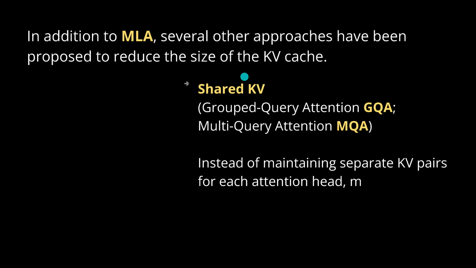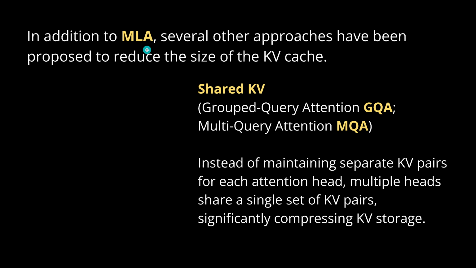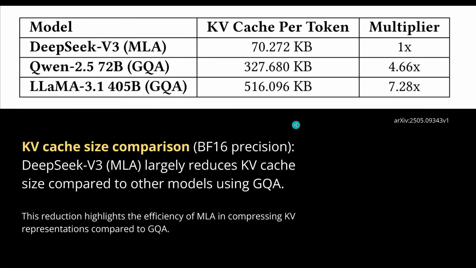They only need to be cached, reducing the memory consumption compared to storing the key-value cache for all the attention heads. And in addition to MLA, we have other shared key-value possibilities, like grouped query attention or multi-query attention. But as it turns out, if you look at this performance benchmark, DeepSeek version 3 with MLA, look at the key-value cache size comparison per token.